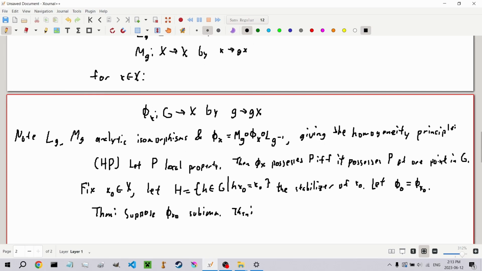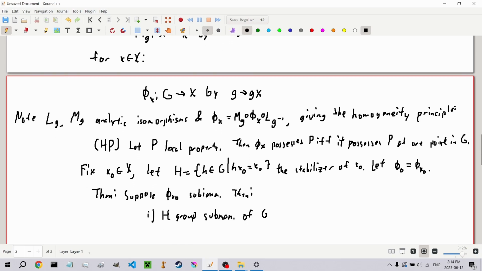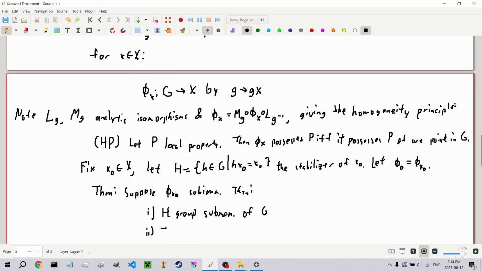Then, first off, H is a group submanifold of G. And secondly, the induced map phi bar naught of G over H to X is an immersion. Our first one is actually just by definition.